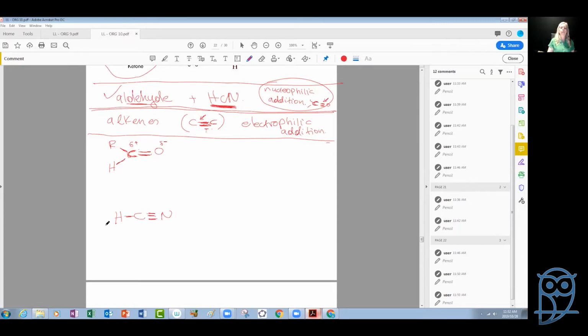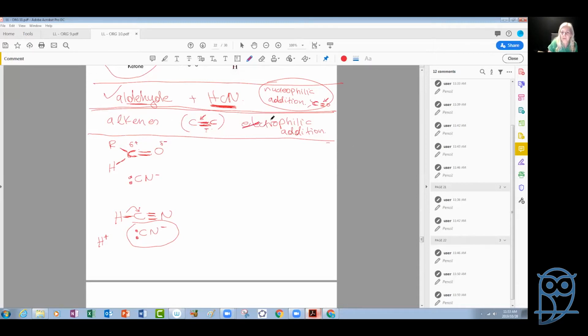For this reaction to take place, this bond will break, and we'll have the cyanide ion formed, which is a negative ion, and of course we will also have the proton. But it's this cyanide ion that will concern us here in the first step of the nucleophilic addition.